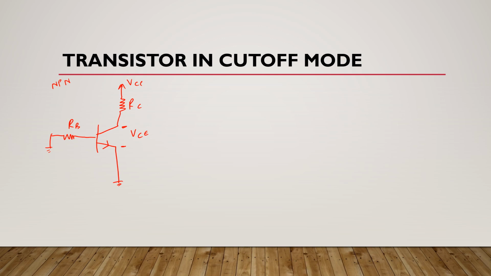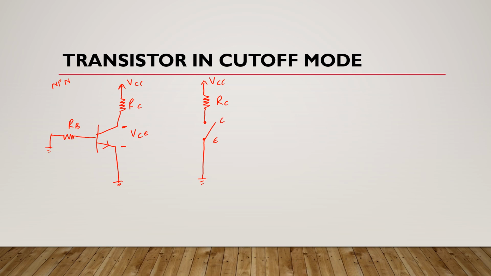Now if we draw its equivalent switch, it is like this. We know that in cutoff mode, both collector base and emitter base junctions are reverse biased. So ideally, there is an open between this emitter and collector terminals.